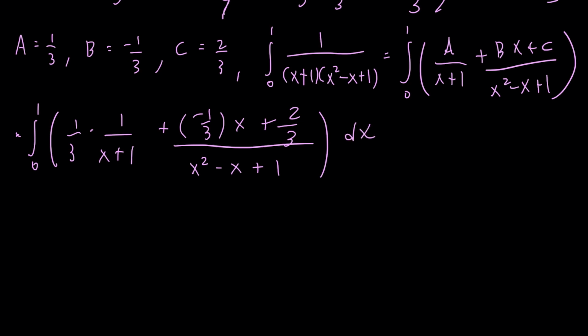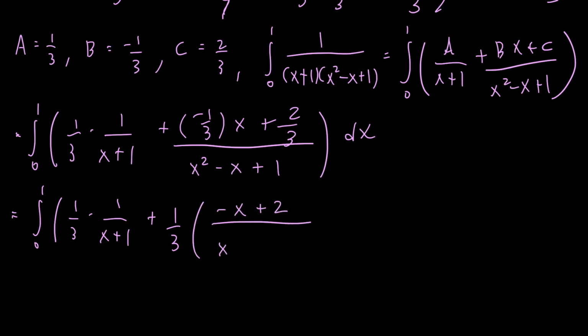We could factor out a 1/3 in the second integral. So we have the integral from 0 to 1 of 1/3 times 1 over x plus 1, and then plus 1/3 times (-x plus 2) divided by x squared minus x plus 1 dx.